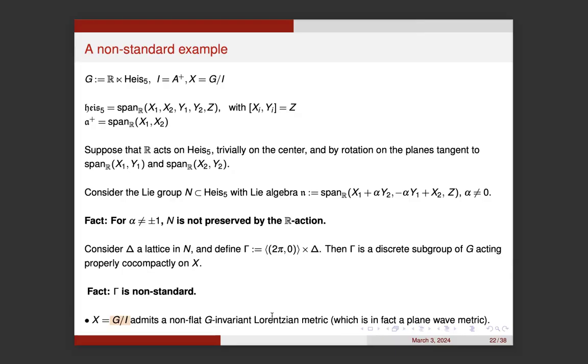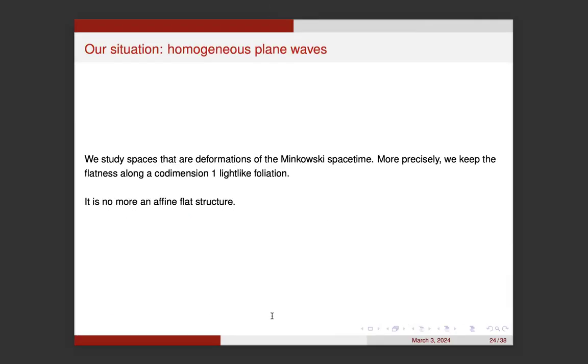I don't know in general, but a priori it can be anything. But I know that there is a codimension 1 subspace on which the curvature is flat. And so this is what I was going to say.